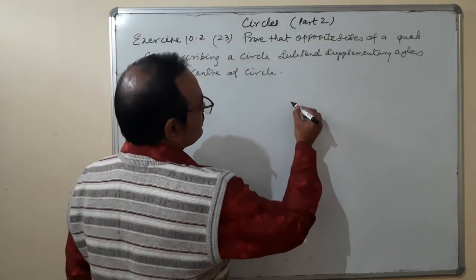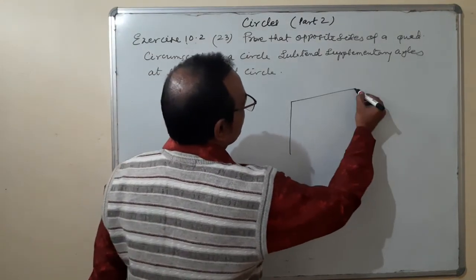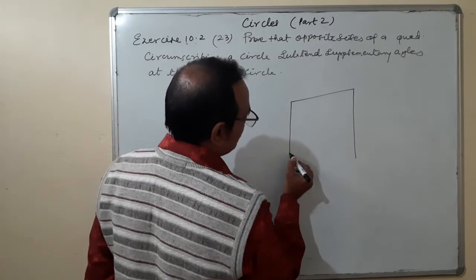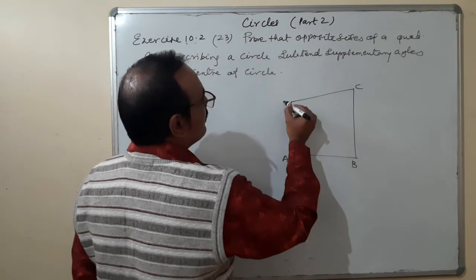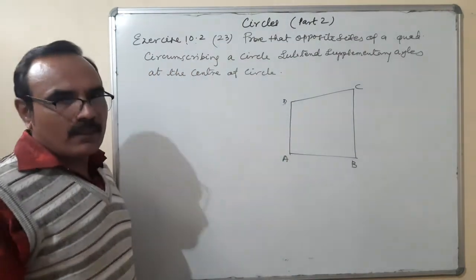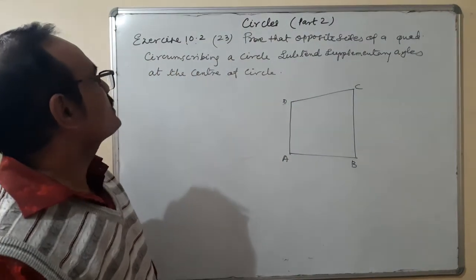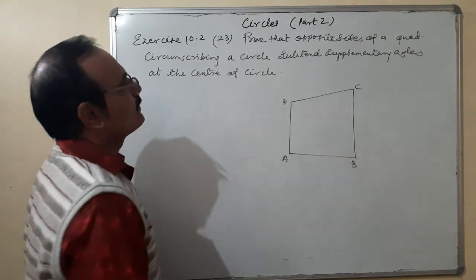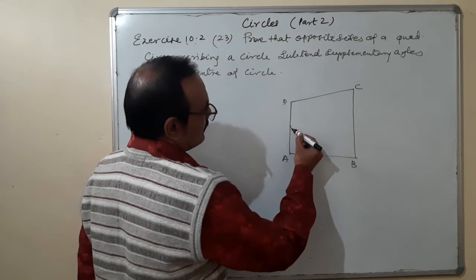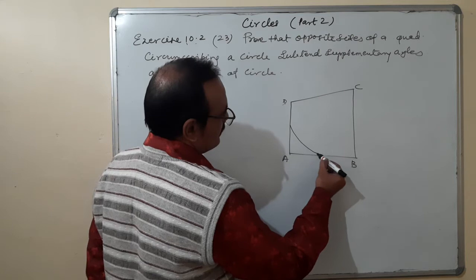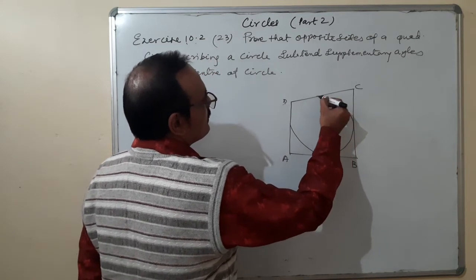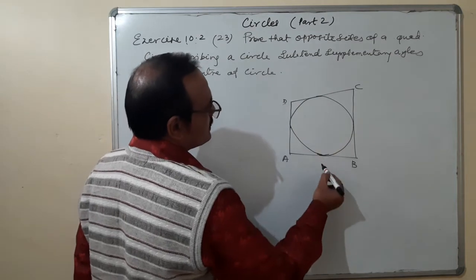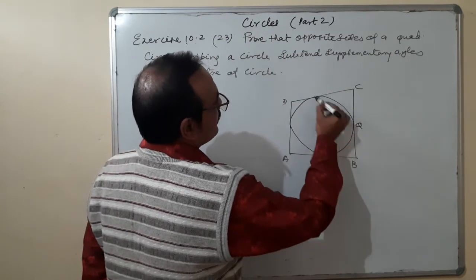Okay, this is a quadrilateral. Prove that opposite sides of a quadrilateral circumscribing a circle subtend supplementary angles at the center. That means this is not a plain quadrilateral, it is circumscribing a circle.